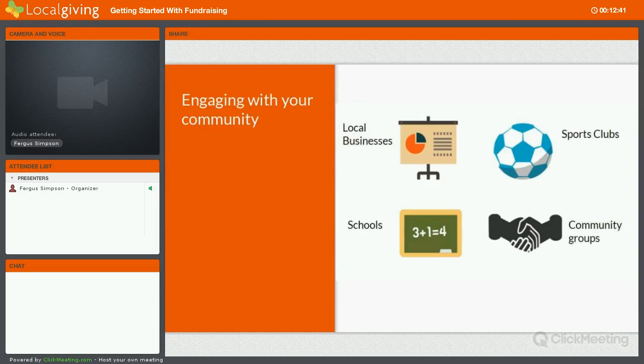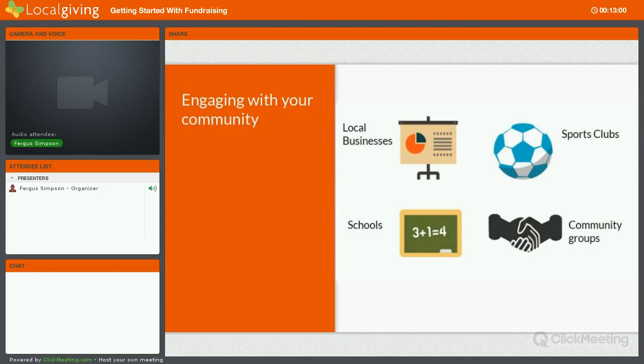When engaging with your community, there's 4 main areas you can focus on: local businesses, sports clubs, schools, and community groups. These are all really great groups to focus on because as they are a group, they can create a team fundraiser. Team fundraisers are normally the most lucrative way of going.